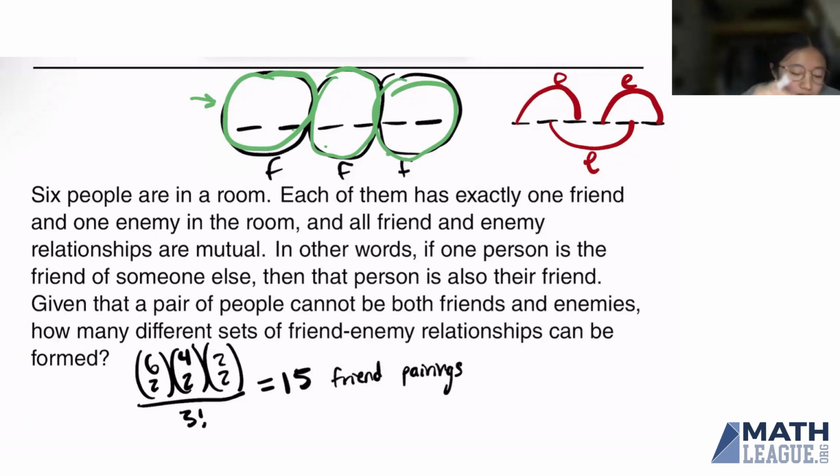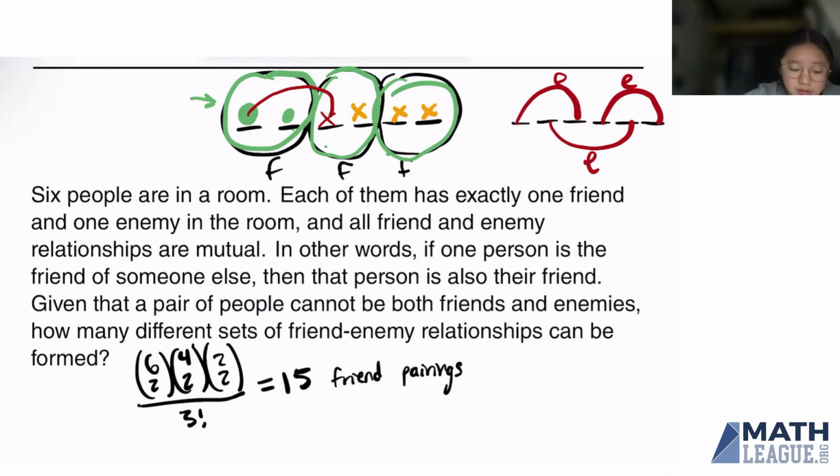Okay, so if we take a look at this, let's say person 1 here. If we want to give them an enemy, they have 4 choices. Anyone who is not their friend, basically. 4 choices for the enemy. So they would be connected, let's say, like this. And then for this second person, if we were to give them an enemy, would it be these 3 in yellow?